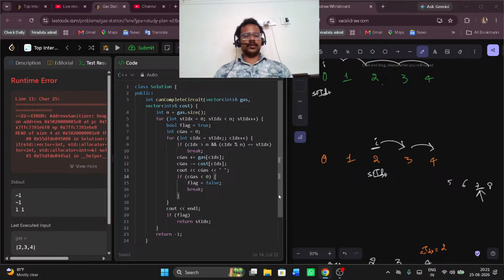Let's see, print out current gas for indices 0 and 1.